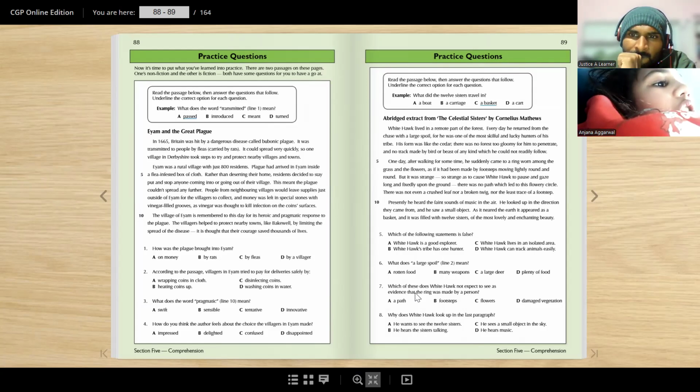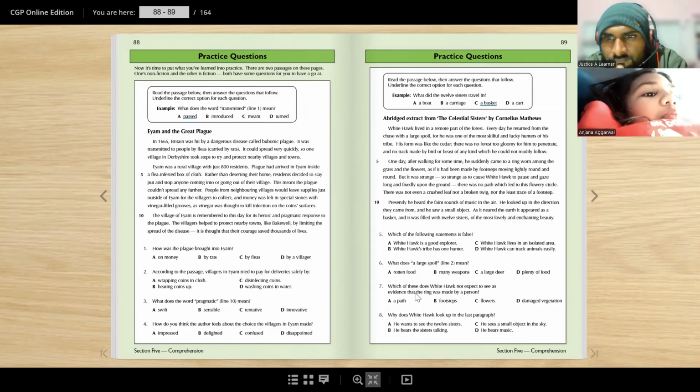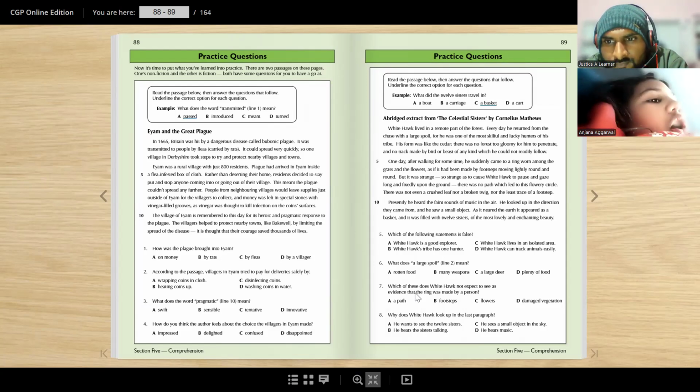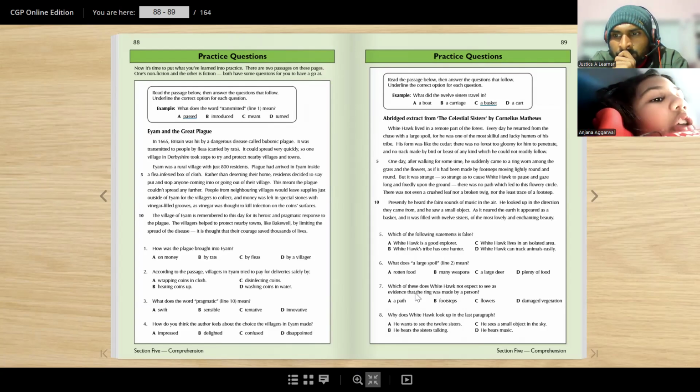There was not even a crushed leaf, nor a broken twig, nor the least trace of a footstep. Presently he heard the faint sound of music in the air. He looked up in the direction they came from, and he saw a small object. As it neared the earth, it appeared as a basket, and it was filled with the 12 sisters of the most lovely and enchanting beauty.